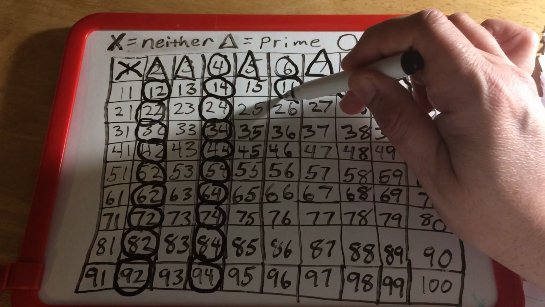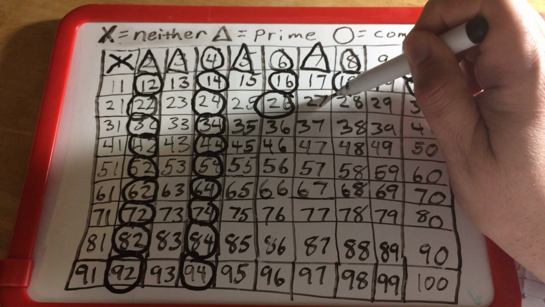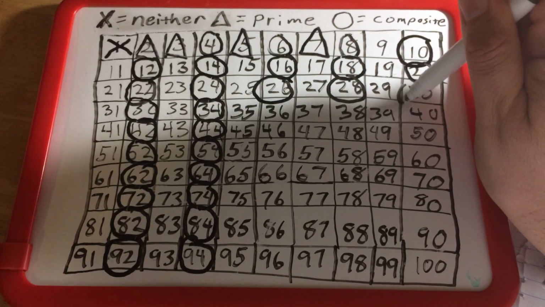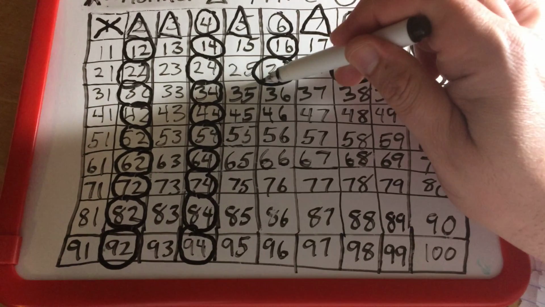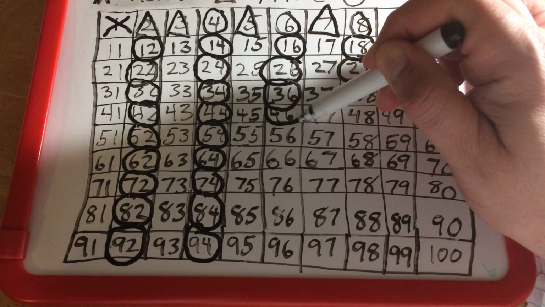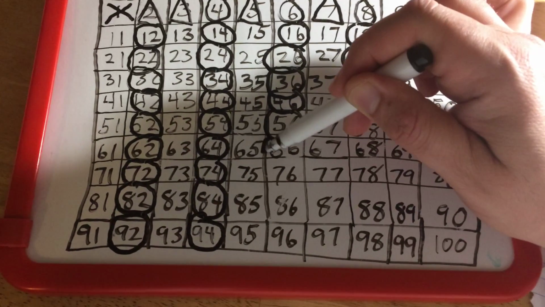And then after they've done it, watch the rest of the video and be like, oh, I missed this one. Oh, I forgot that one. Oh, I didn't think about going straight down. I could have done that. And so then they're going to be able to remember that technique next time and be like, oh, wow, I got all these numbers out of my way, and I don't have to worry about these.